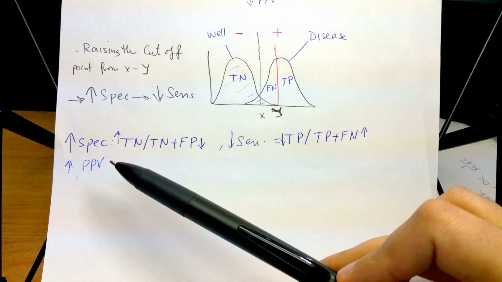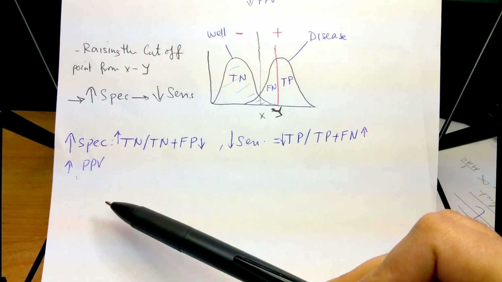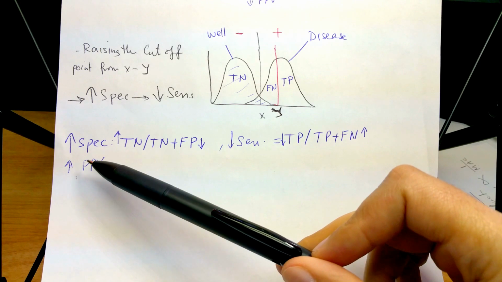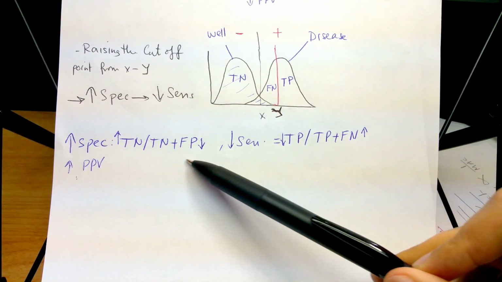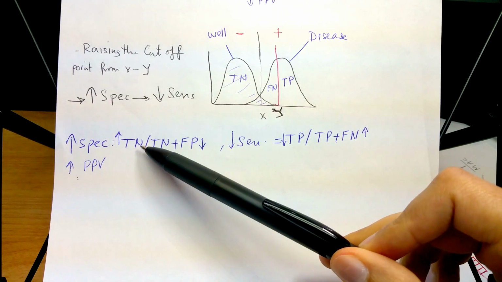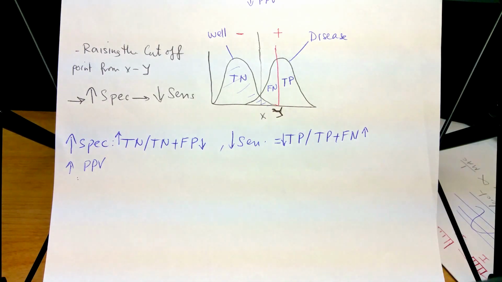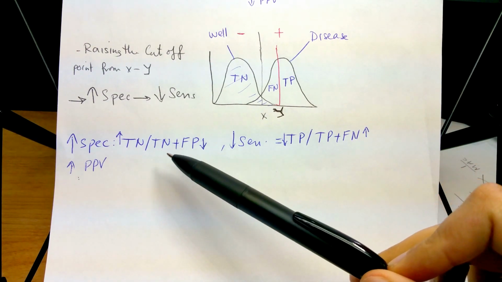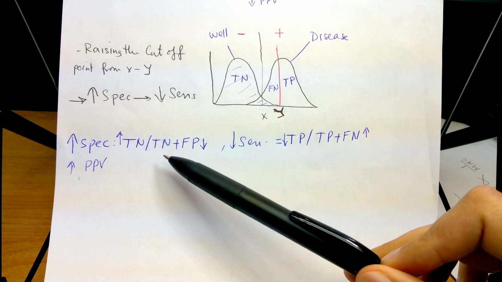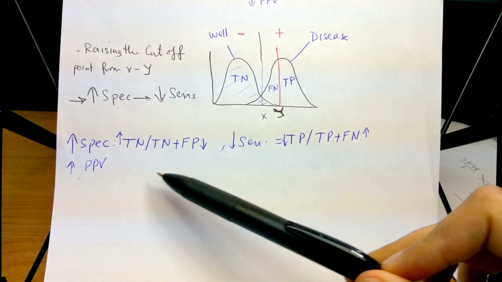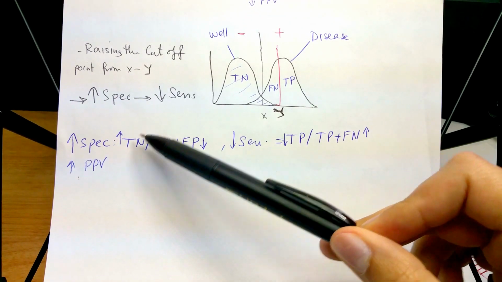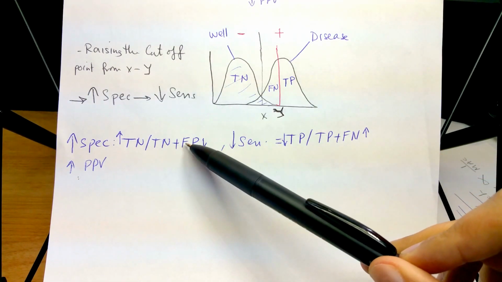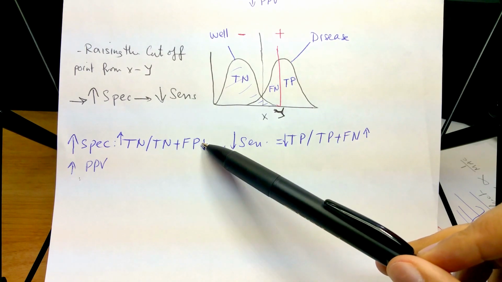To make it easier for you to get all the other information that they need, write the formulas here. When we increase specificity, this is the formula for specificity: the true negative divided by true negative plus false positive, or the people who are well. So if we increase specificity, we increase the true negative, and we decrease the false positive.